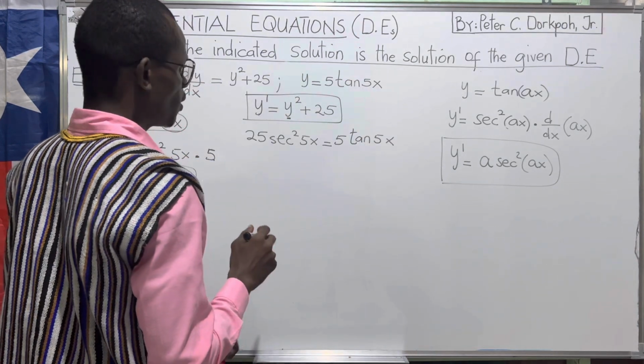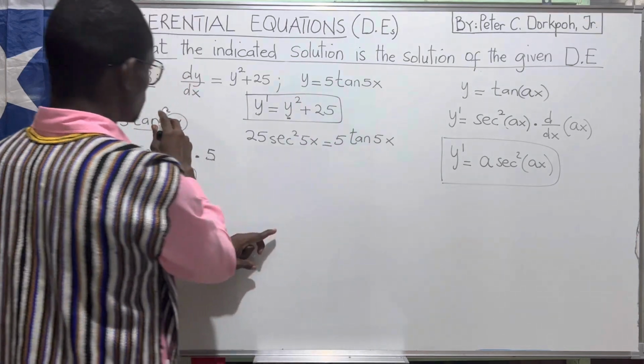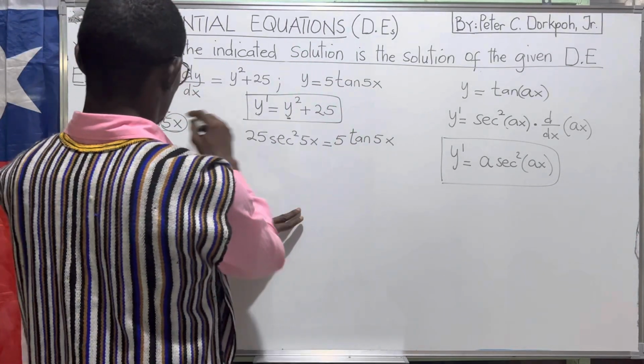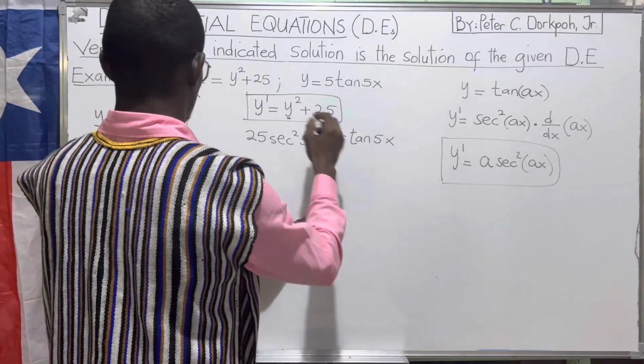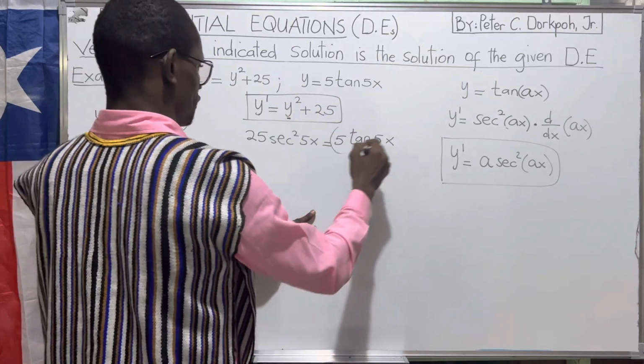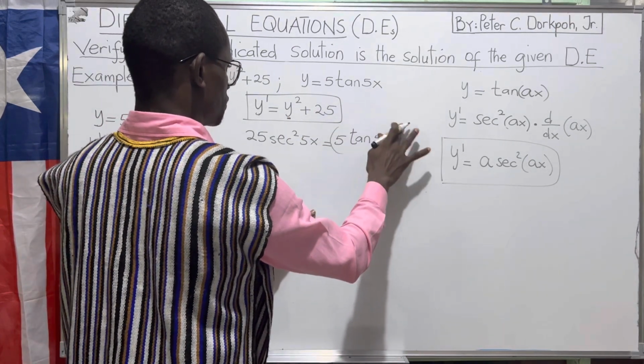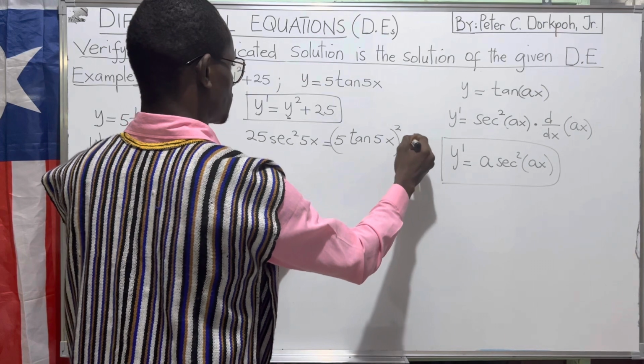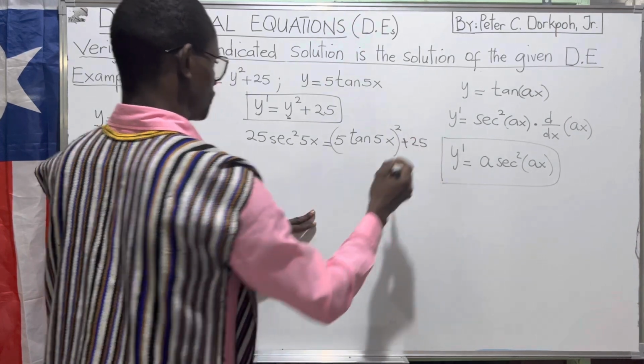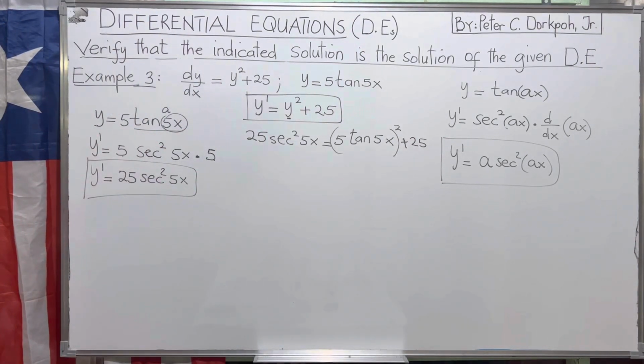Then we have to square y. So we square this y portion, raised to the second power, plus 25. So our duty now is to simplify that expression.